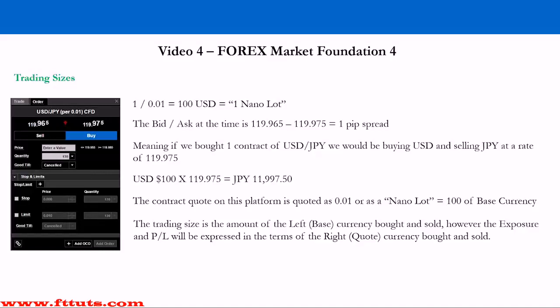Well, if we miscalculated the pip value, what we may actually end up doing is, instead of trading an amount of mini lots, we may end up trading the same amount of lots in the currency pair.